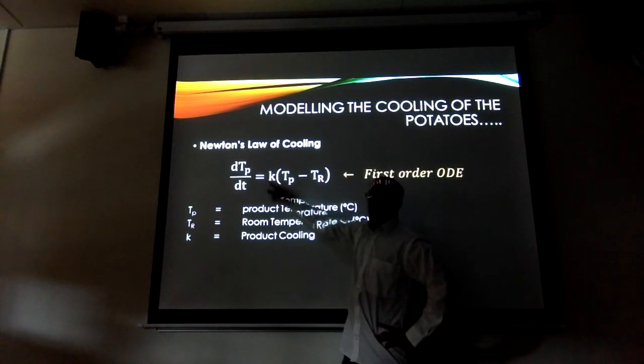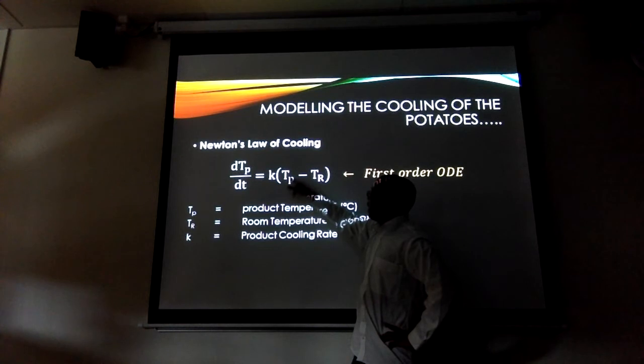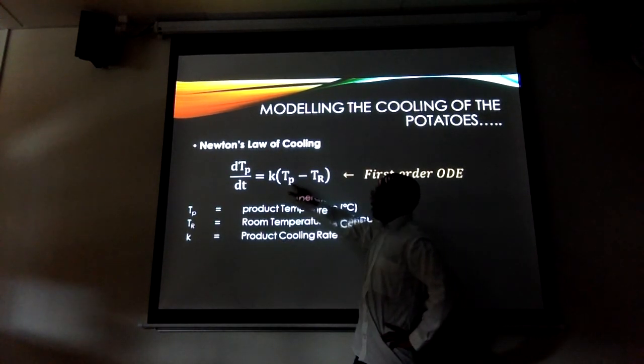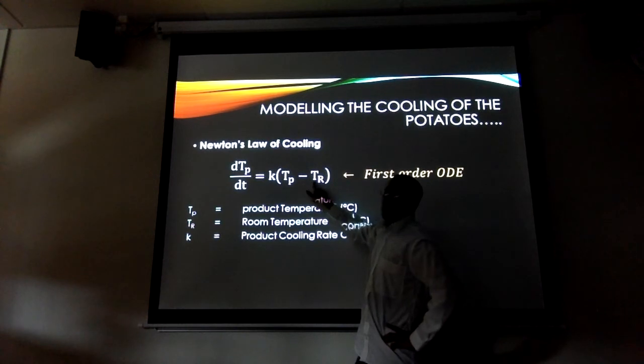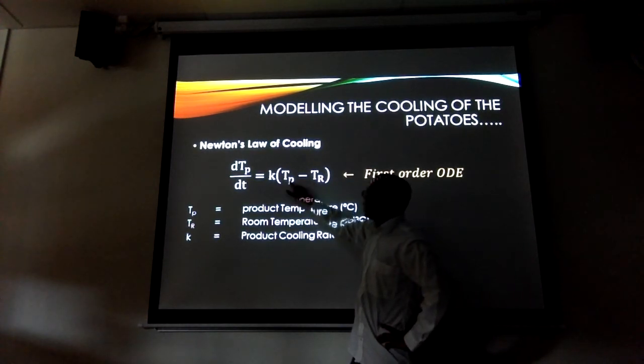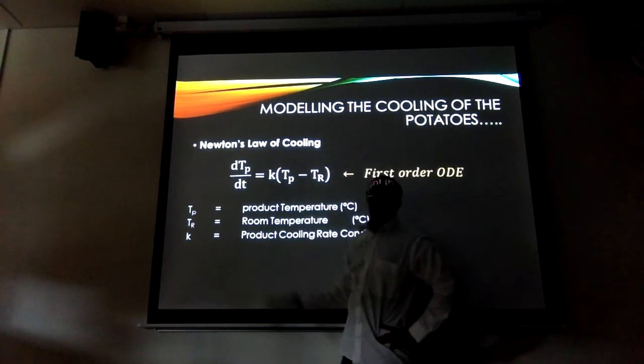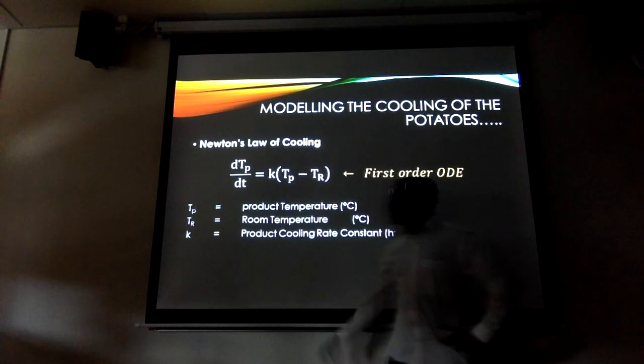So this is just a number, and then in brackets you've got your product temperature minus your room temperature. So if you plug in the product temperature and the room temperature, and this here, you would get the cooling rate. Okay? Makes sense?